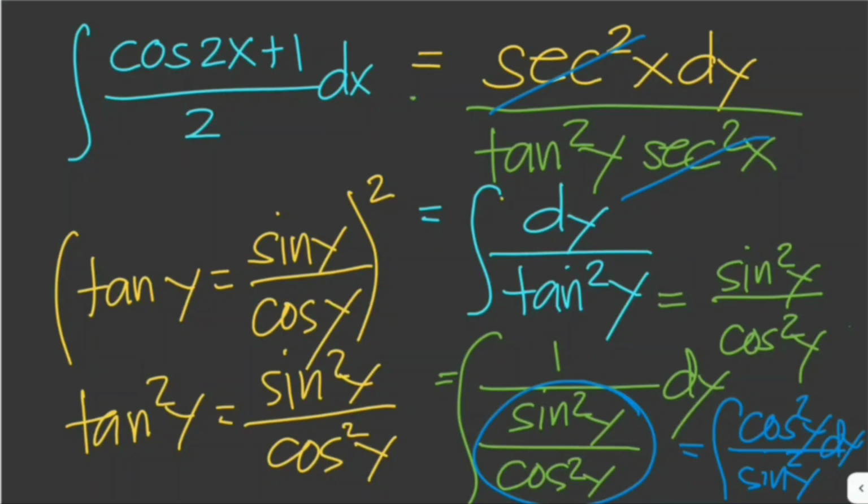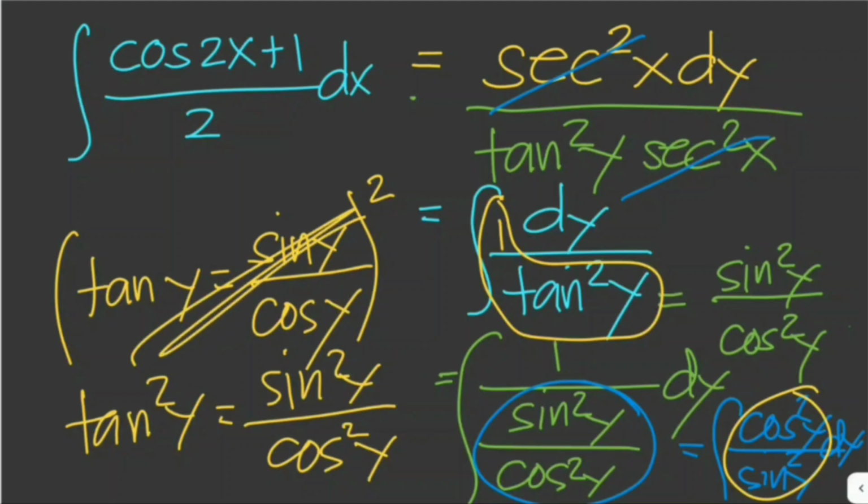Okay, now 1 over tangent squared y is equivalent to cosine squared y over sine squared y, but this one is still not integrable, so we need to rewrite cosine squared y and sine squared y.